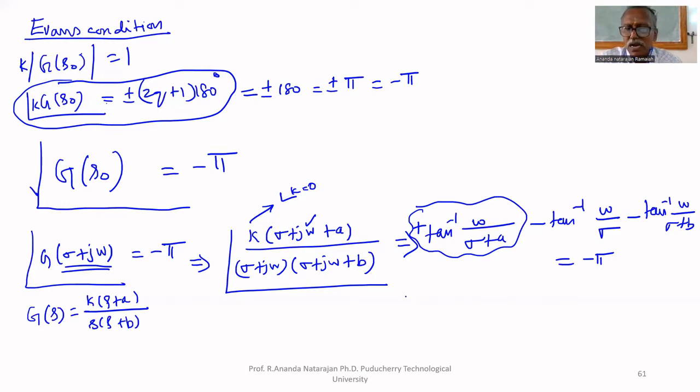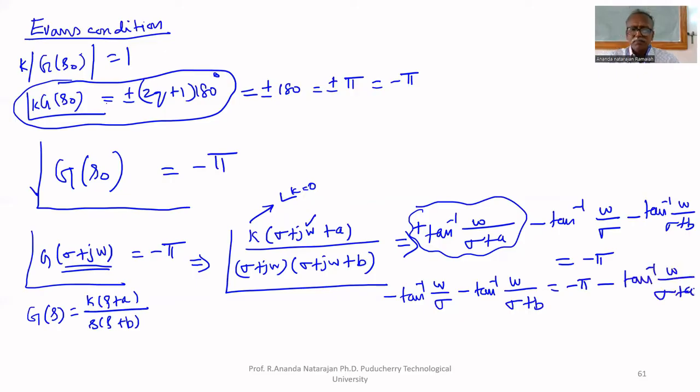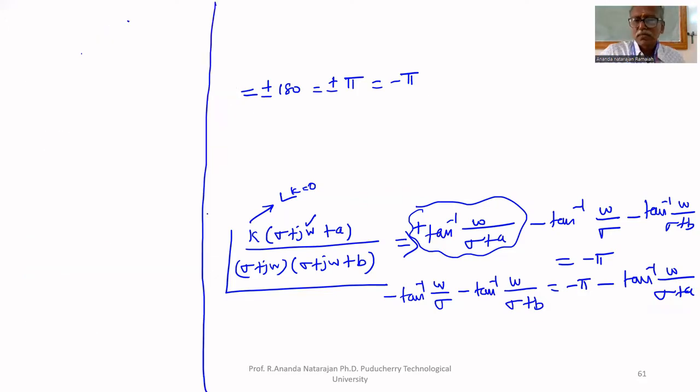What you will get is minus tan inverse of omega by sigma, minus tan inverse of omega divided by sigma plus B, equal to minus pi minus tan inverse of omega divided by sigma plus A. Since all are negative, we can make it positive.